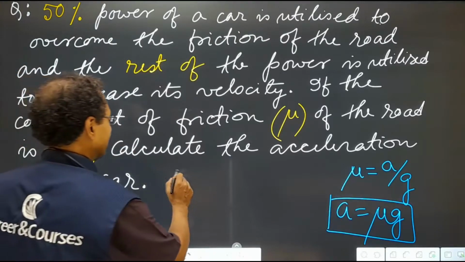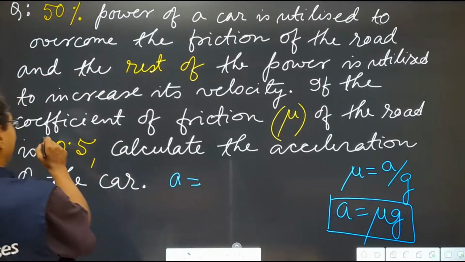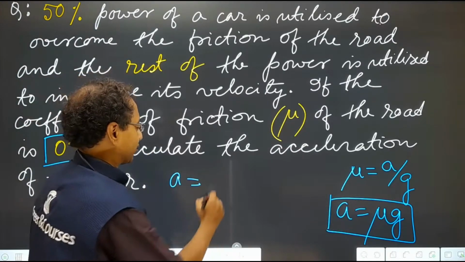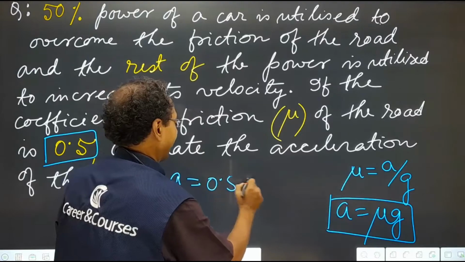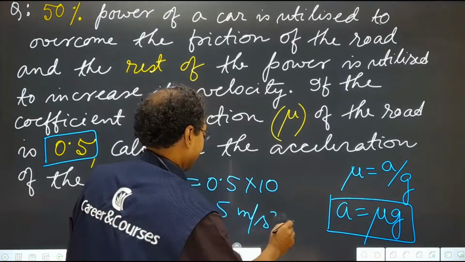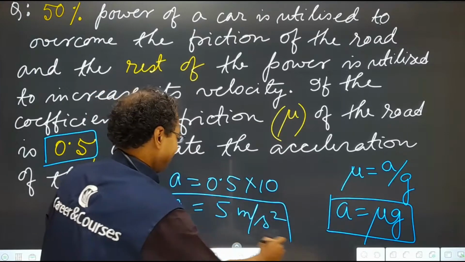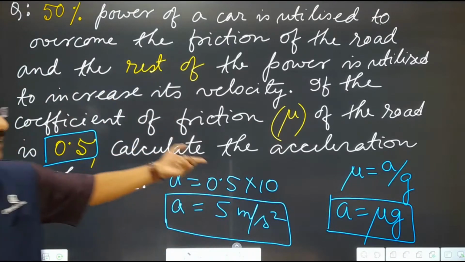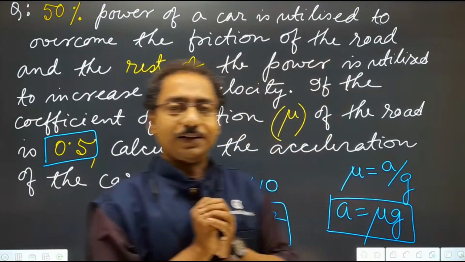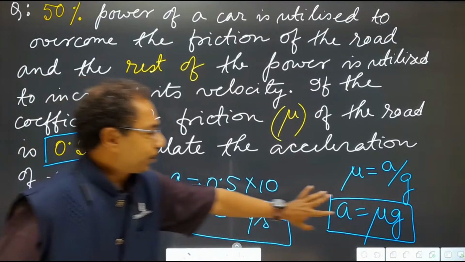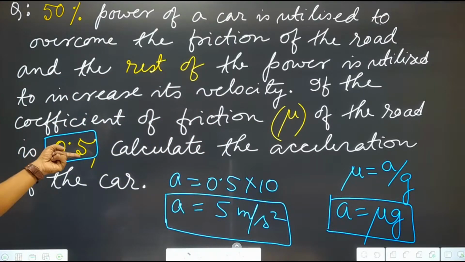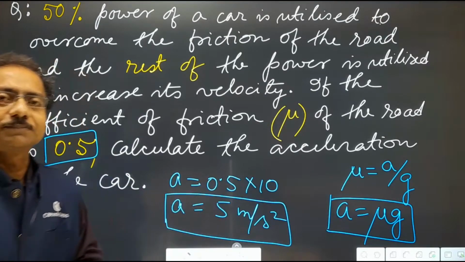So a equal to mu g: the value of mu is 0.5, and the value of g you can consider 10 meter per second square. So it comes 0.5 into 10, that means 5 meter per second square. Within a fraction of a second, you can find the answer without touching the pen.